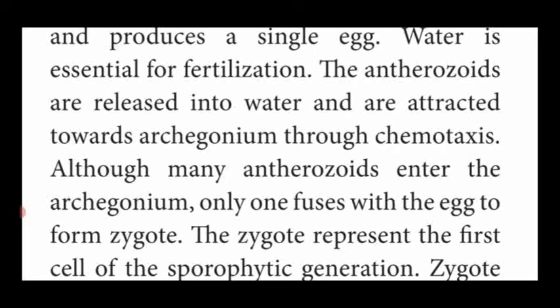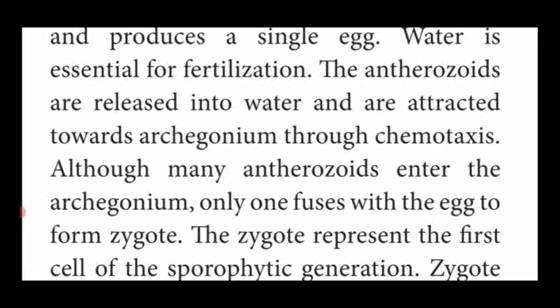What is chemotaxis? Chemo means chemical substance. So which one is producing the chemical substance? Archegonium produces the chemical substance, attracting the antherozoid or male gamete, which swims in the water and reaches the archegonium. That process is known as chemotaxis.